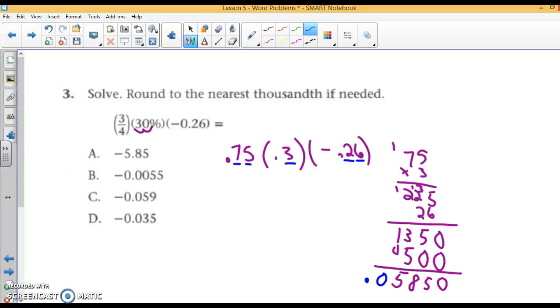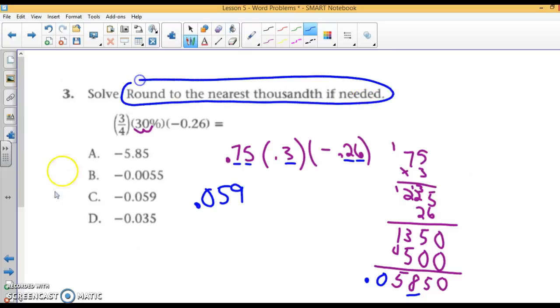So do you just pick A because those are the numbers? No. Let's take a look at this. If I rounded to this decimal place, wouldn't that 5 or above give it a shove? It would round to this. It said round to the nearest thousandths. So it would be C.